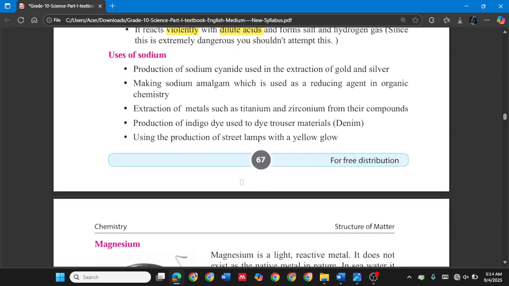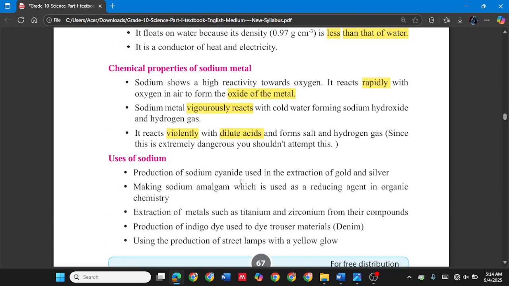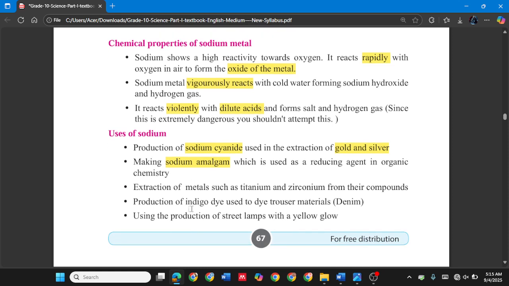Okay. So when it comes to uses, production of sodium cyanide, used in the extraction of gold and silver. Making sodium amalgam, which is used as a reducing agent in organic chemistry.